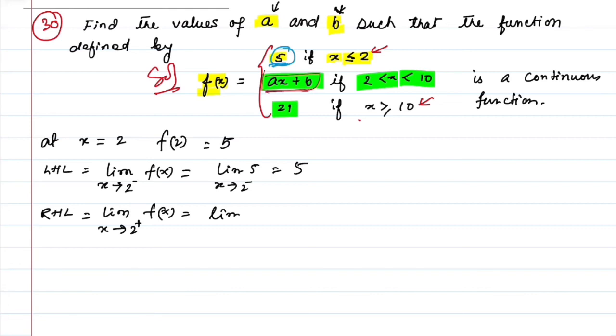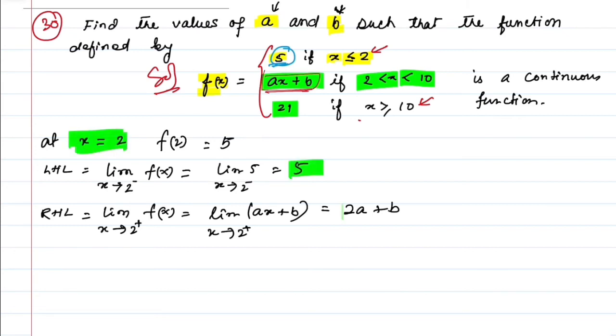Now, replace the x by 2 here, then you will get 2a plus b. So to be continuous at x is equal to 2.